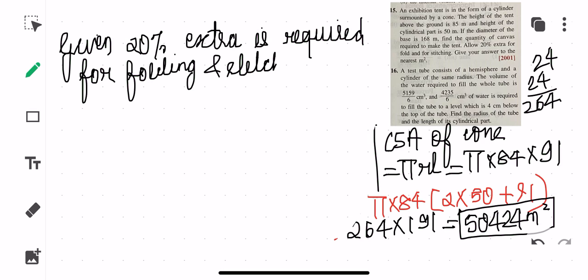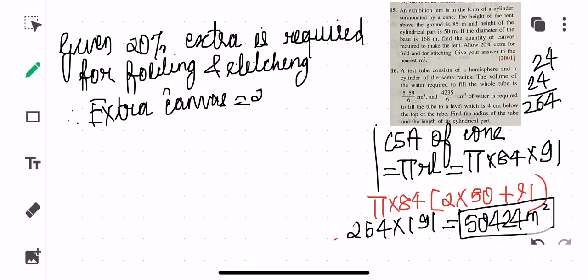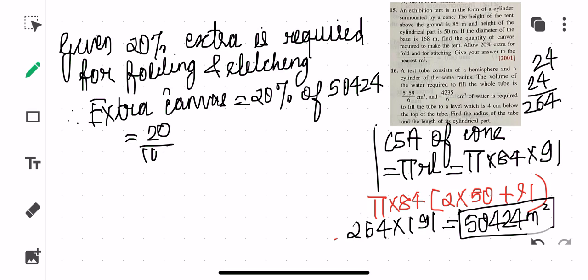So if this much is required, then you will be writing that therefore the extra canvas required is equal to 20% of how much you have calculated, children? 50,424. So we can just calculate first the 20%. So this is 20 upon 100 into 50424.